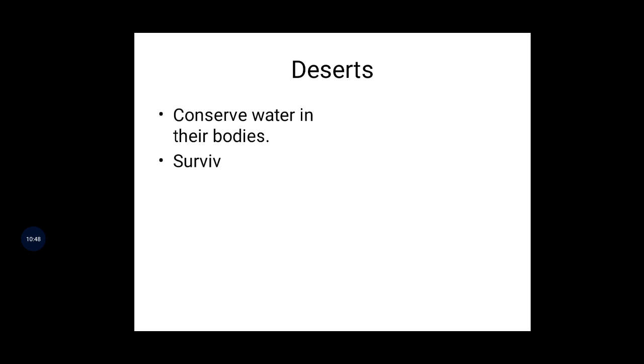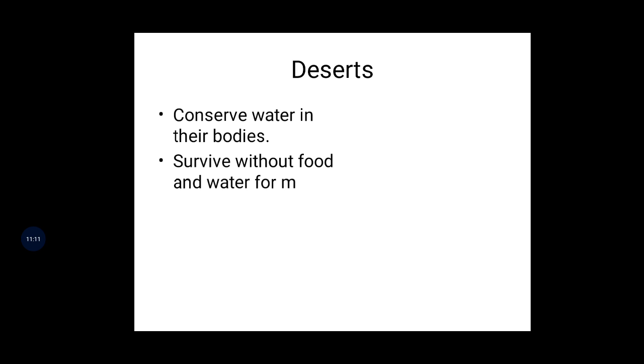For example, in desert areas water is not present properly. That's why they conserve it. Conserve means to use less and protect for the future. Yes or no? And survive without food. Sometimes food is not available, and they try to survive. Some animals in desert areas can do it.